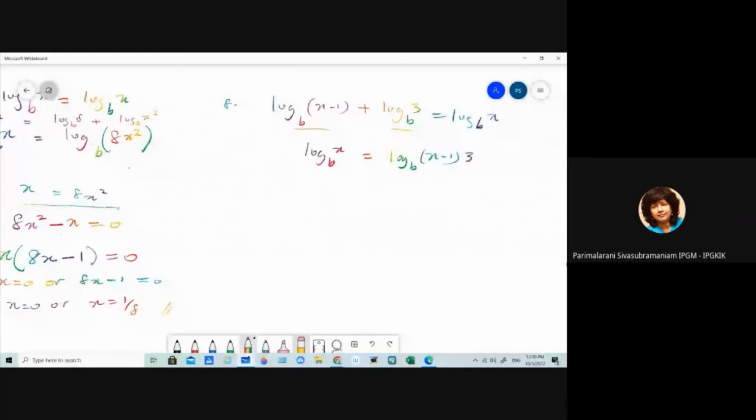So bring it onto one side. Take this over here. Okay, x is equals to 3/2. So you can do this. Okay, easy.